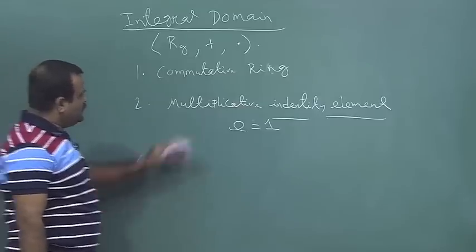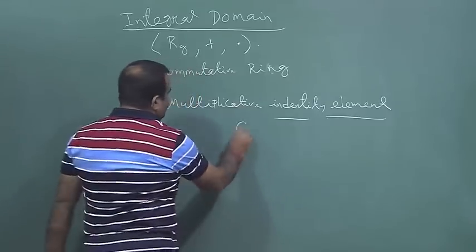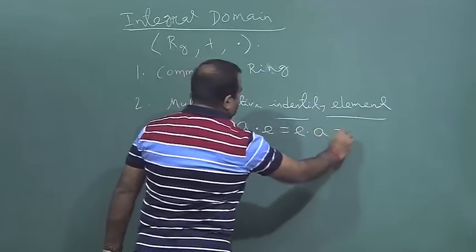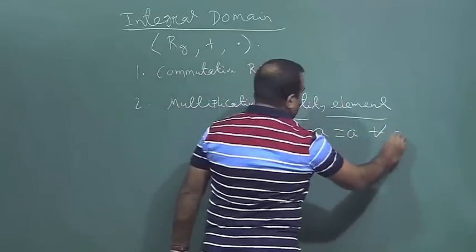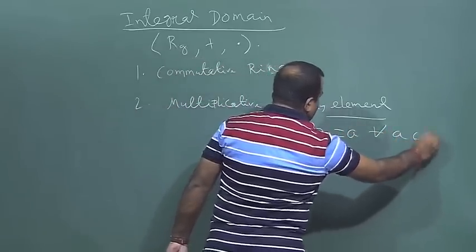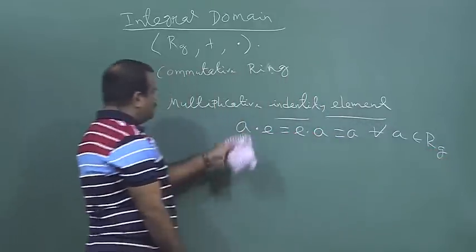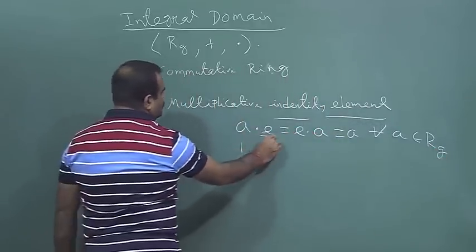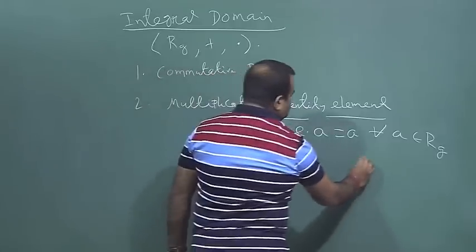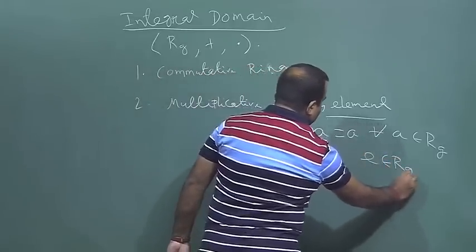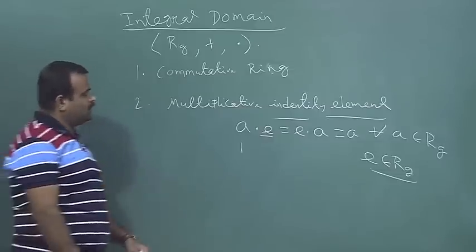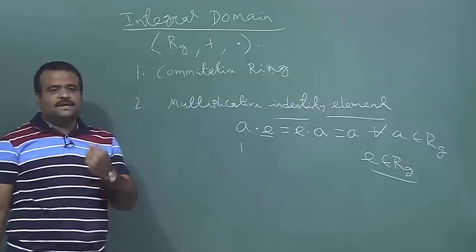There exists an E such that A dot E equals E dot A equals A, and this must be true for all A. And this E is usually referred to as 1. E is an element in R. E is unique, and since it is the multiplicative sense, it is 1.